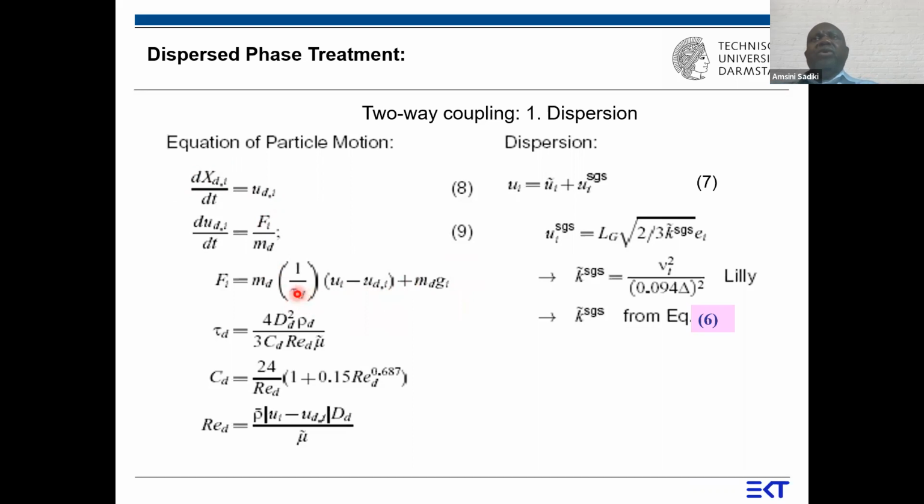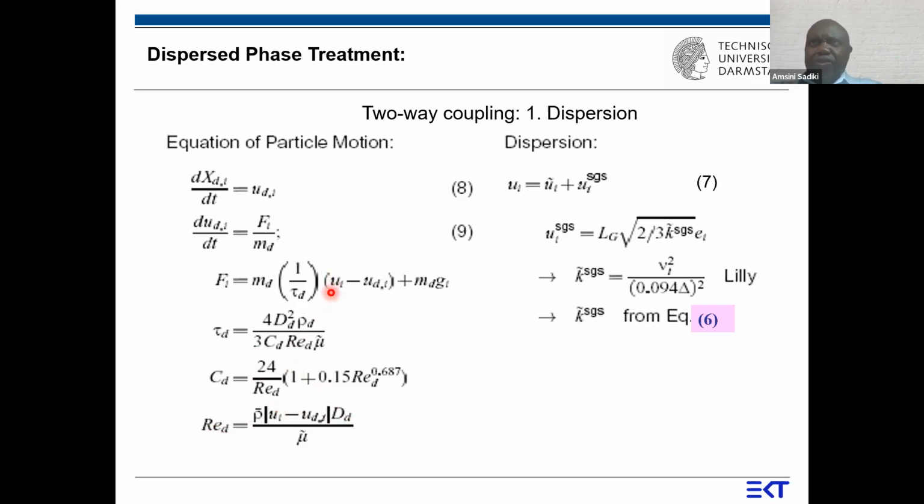Here that is our relaxation time, and this is our drag coefficient. And here we use this correlation for that, in which the particle Reynolds number is given by this.